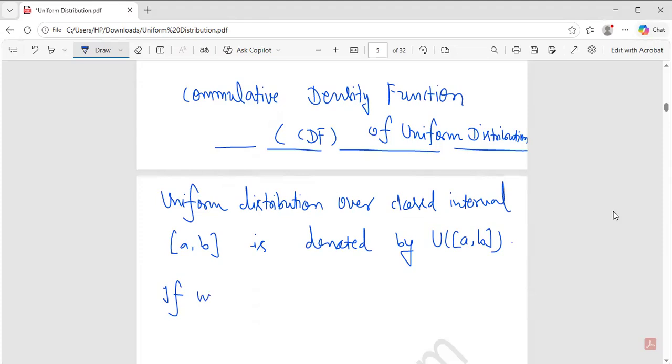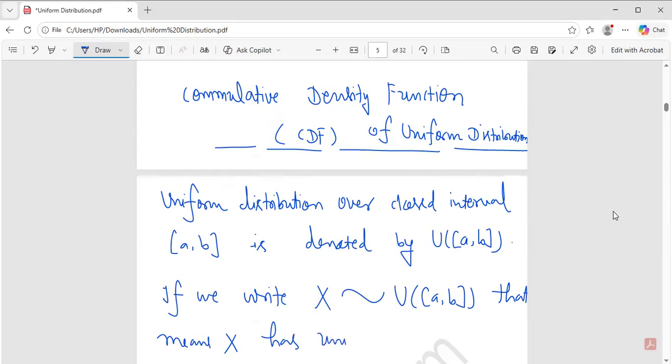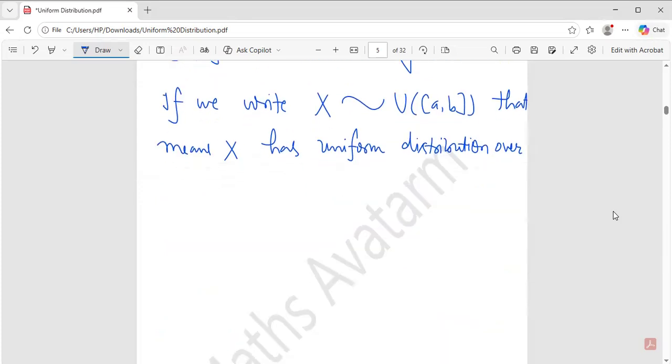If we write X like this, that means X has uniform distribution over the closed interval AB. Now we calculate the CDF.